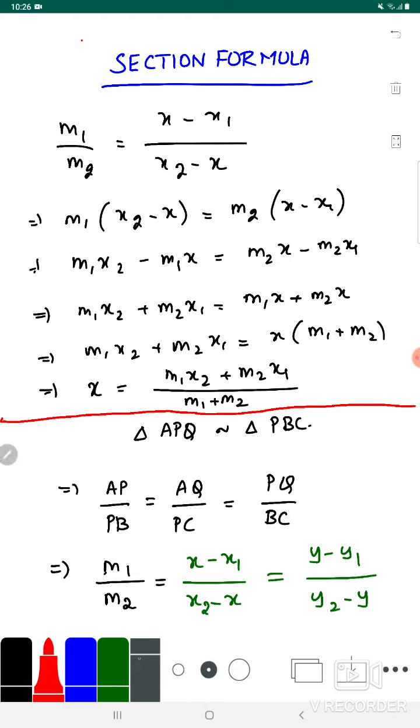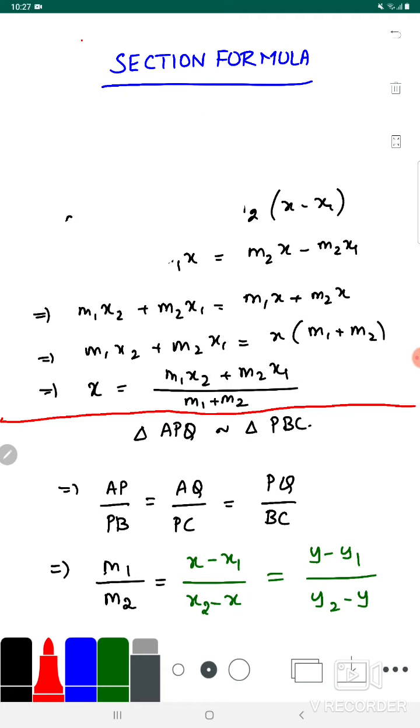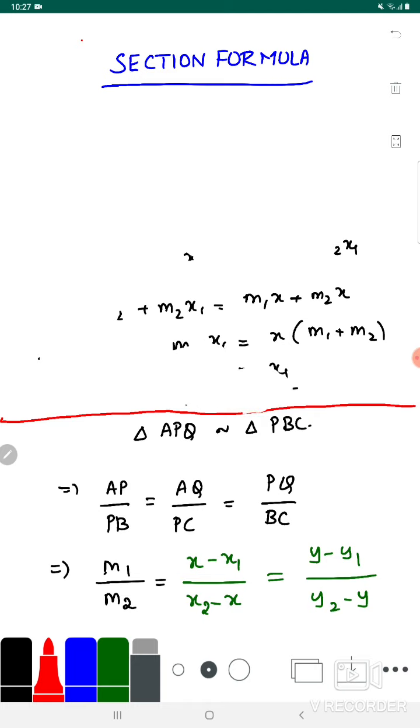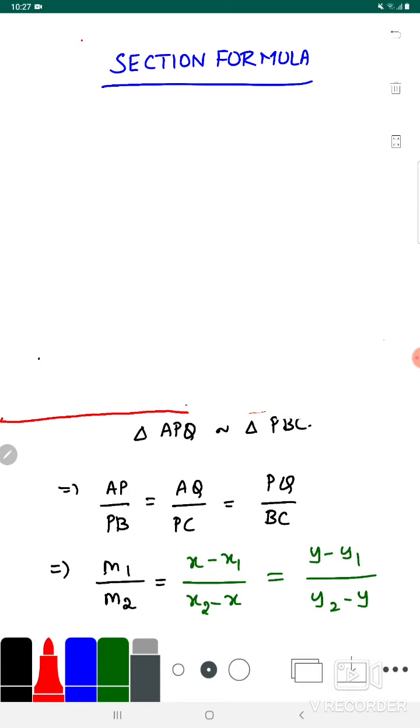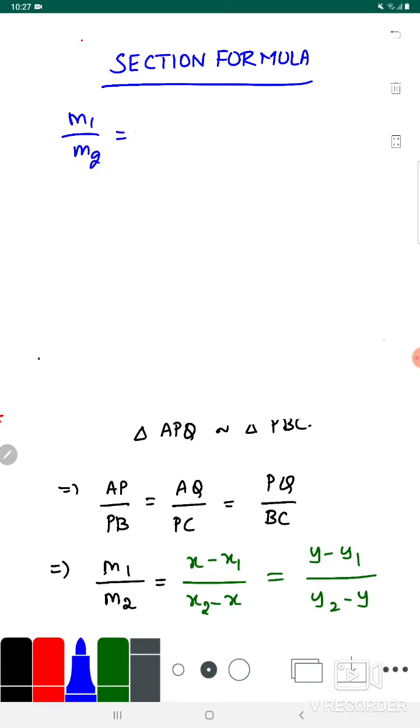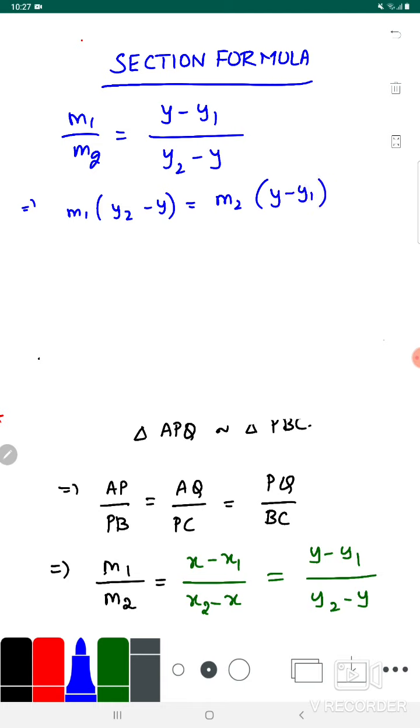Then moving on, let us say I am considering this for the other one. Let's take this for the second one. So m1 by m2 is equals to y minus y1 by y2 minus y. That implies m1 into y2 minus y is equals to m2 into y minus y1.